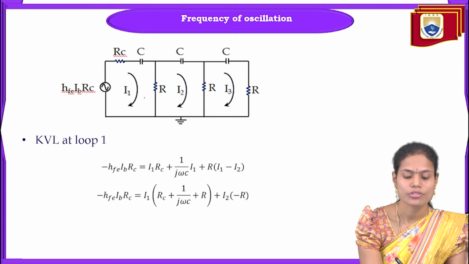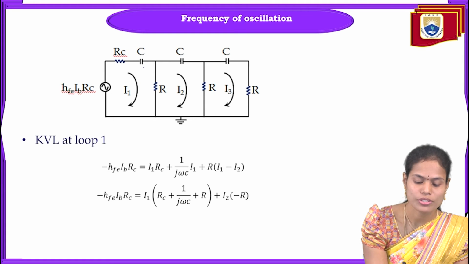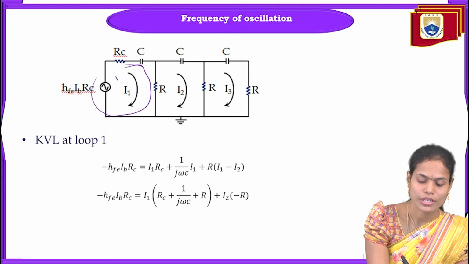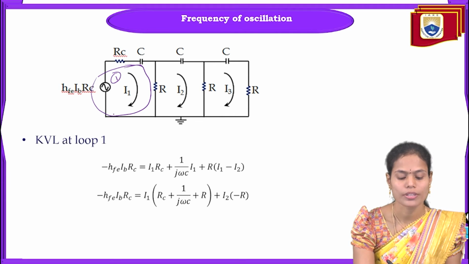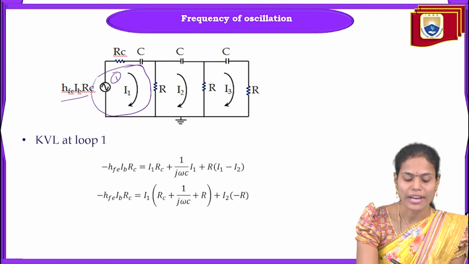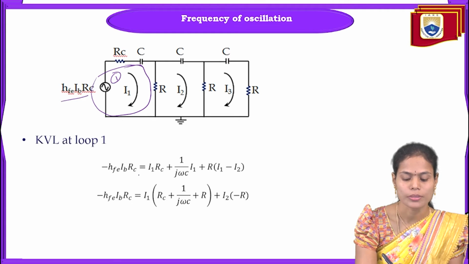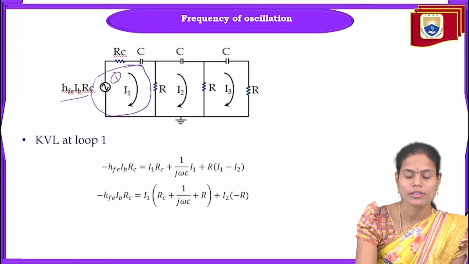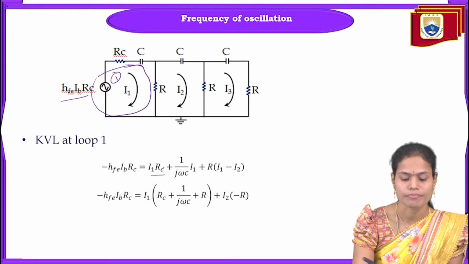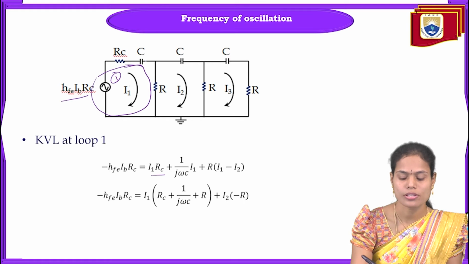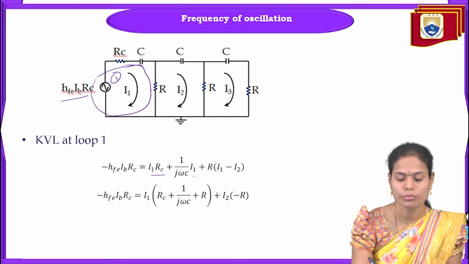To find that, first of all, I am applying KVL to the first loop. If we apply KVL to this first loop, I will get minus HFE IB RC equal to the drop across the collector resistance RC, which is I1 into RC, and the drop across the capacitor, which is 1 by j omega C1 into I1.